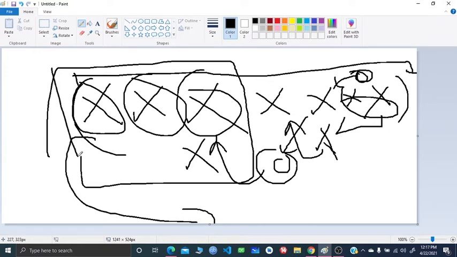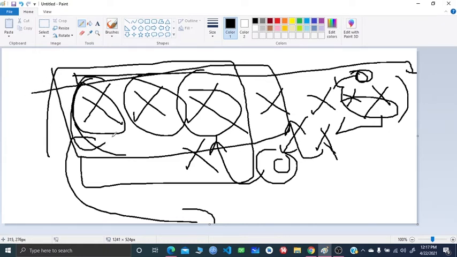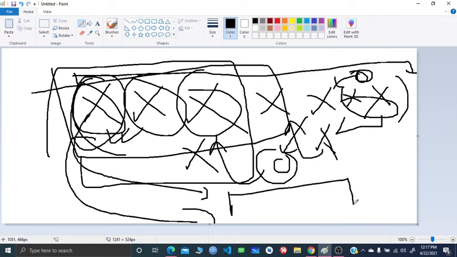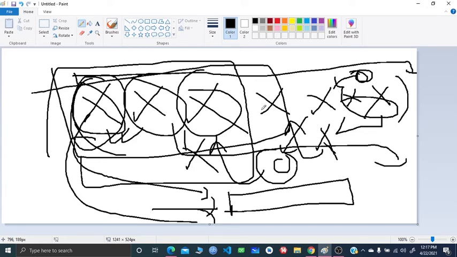Now, what I told you initially is that this x refers to some subarray of the original one. This also refers to some subarray of the original one. This also refers to some subarray of the original one. I hope you get that.